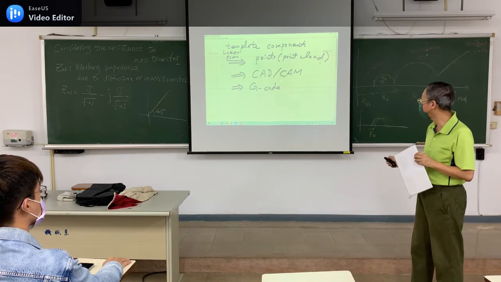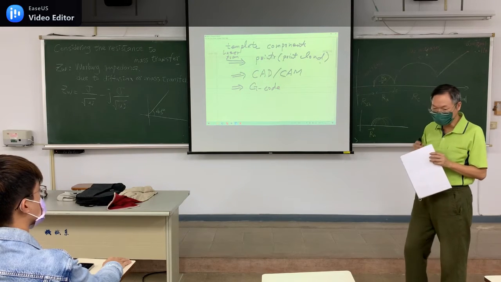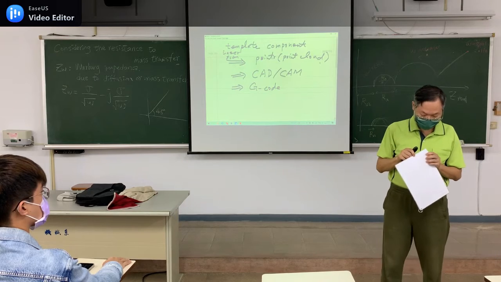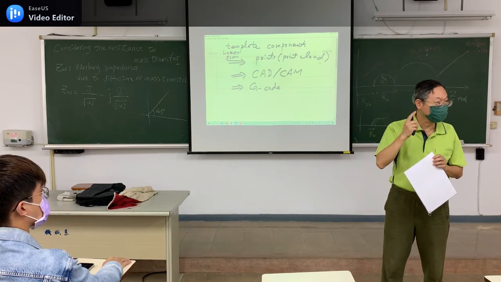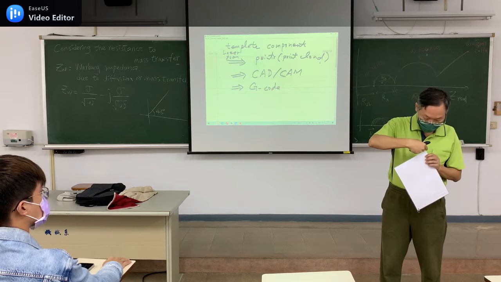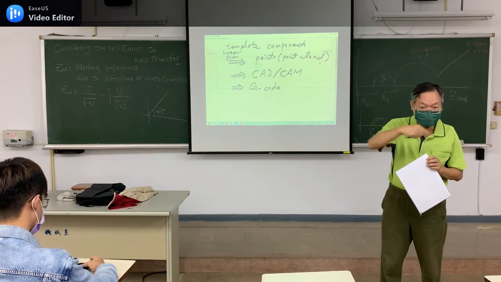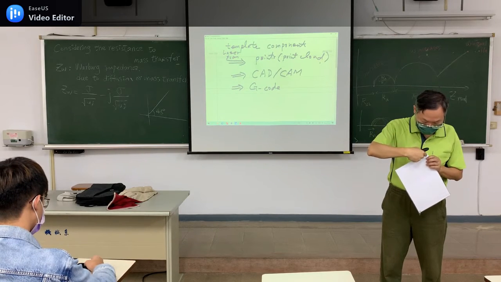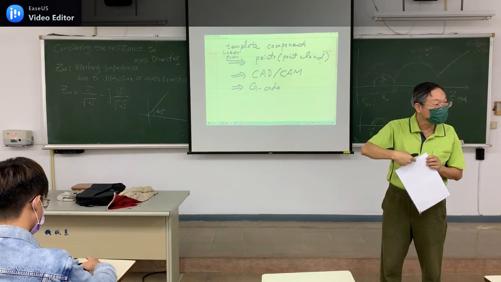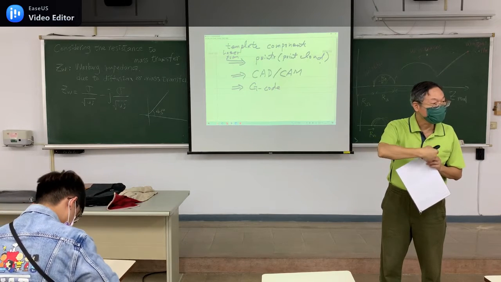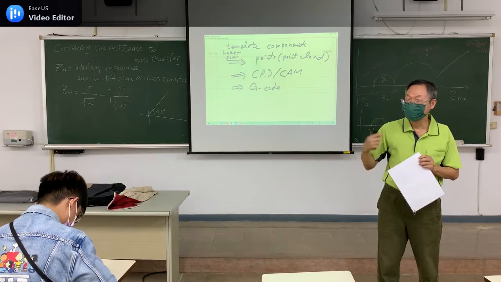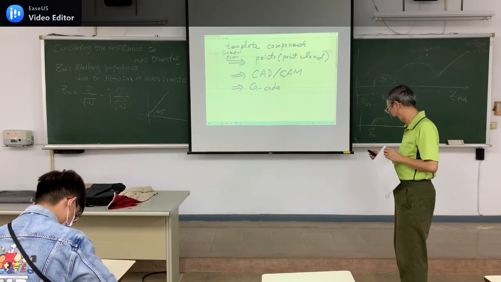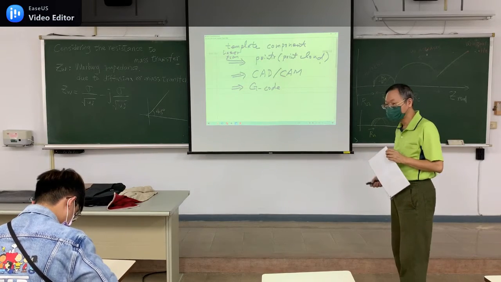Then you have the so-called G code. G code basically tells you how to go from one point to another. You should go from this point to this point linearly, or you should go from this point to this point to this point in a circular path. Okay, this is the so-called G code.